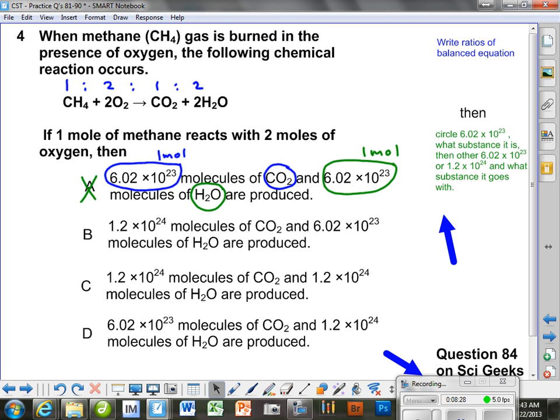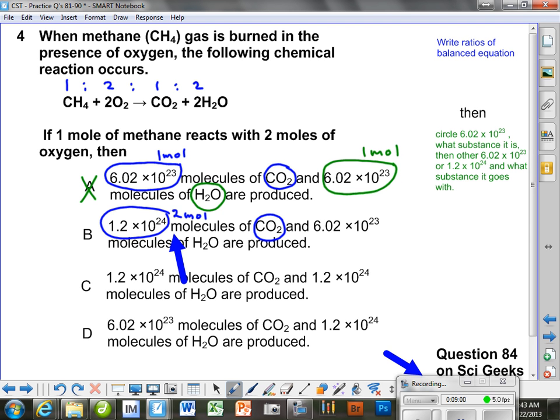Let's look at the next one. I think you're going to see here this gets easier and easier as you realize what's going on. This guy right here is the CO2, and the number 1.2 times 10 to the 24th is what we get when we multiply 6.02 times 2, and then we have to adjust the exponent to get it back into scientific notation. So this guy right here is going to represent 2 moles.